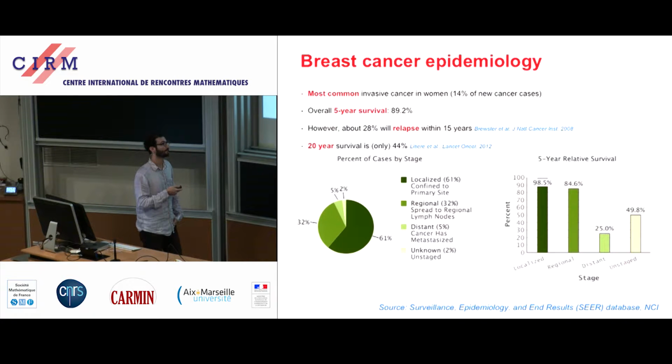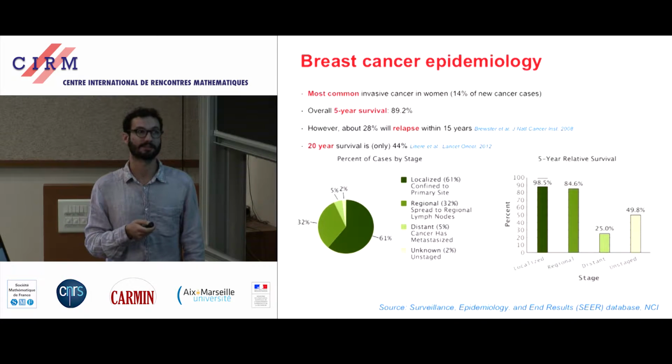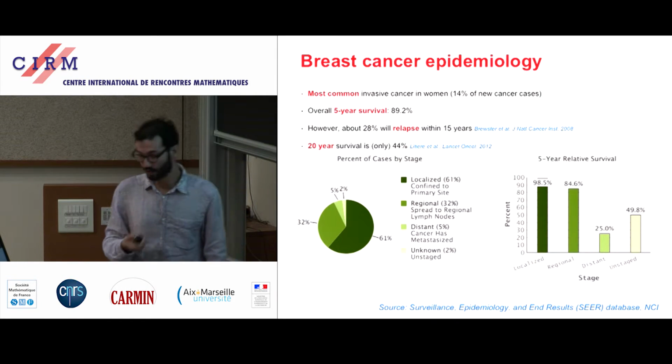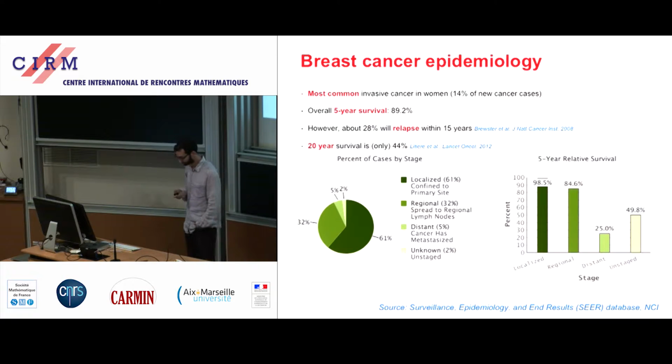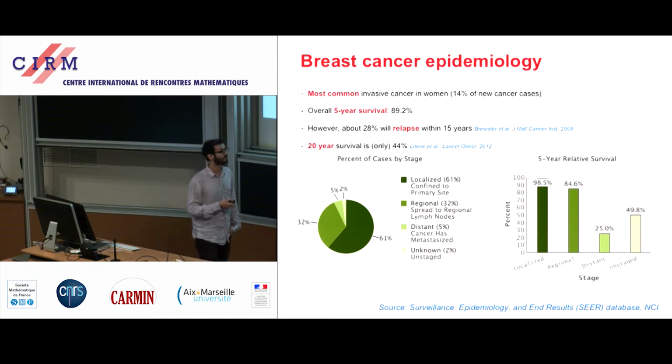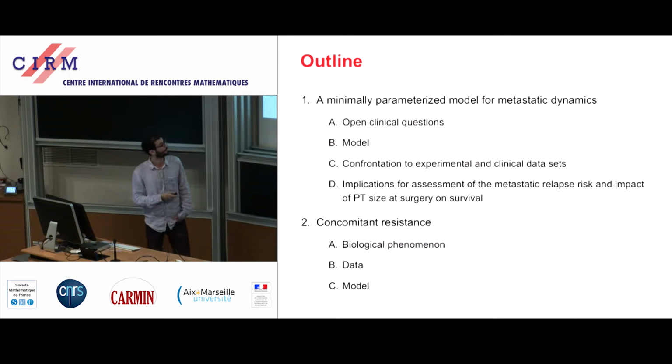Because when you don't have distant metastasis, the 5-year survival is almost 100%. And when you do have distant lesions, when the cancer has spread, that's where it's very dangerous, and only 25% of the patients survive.